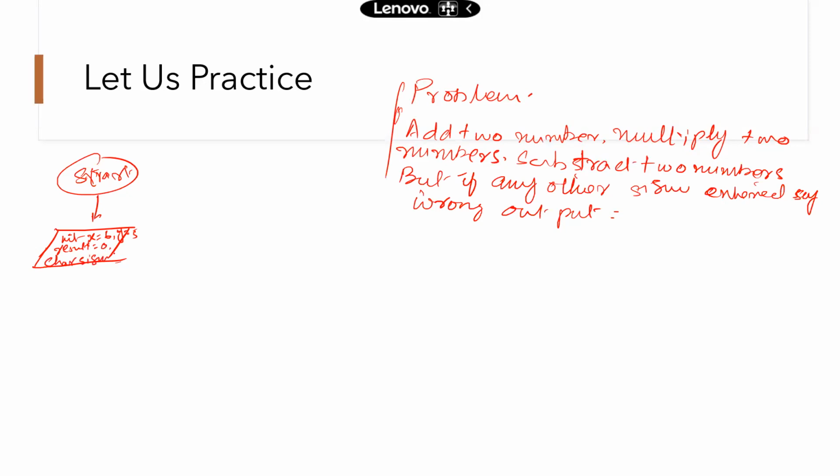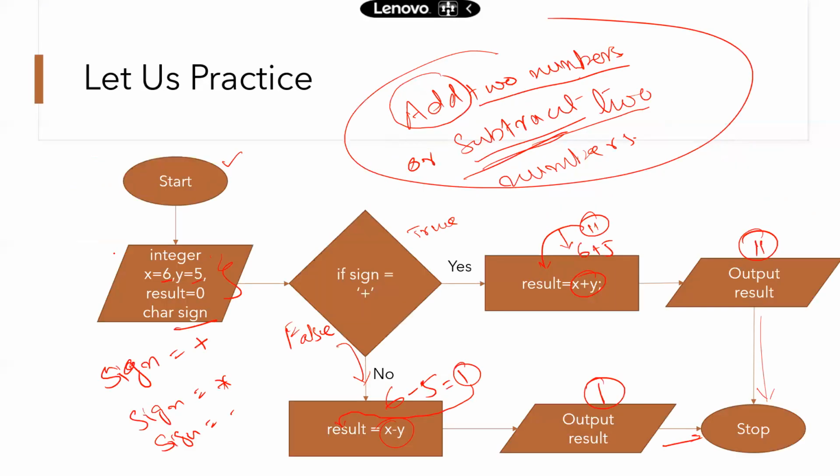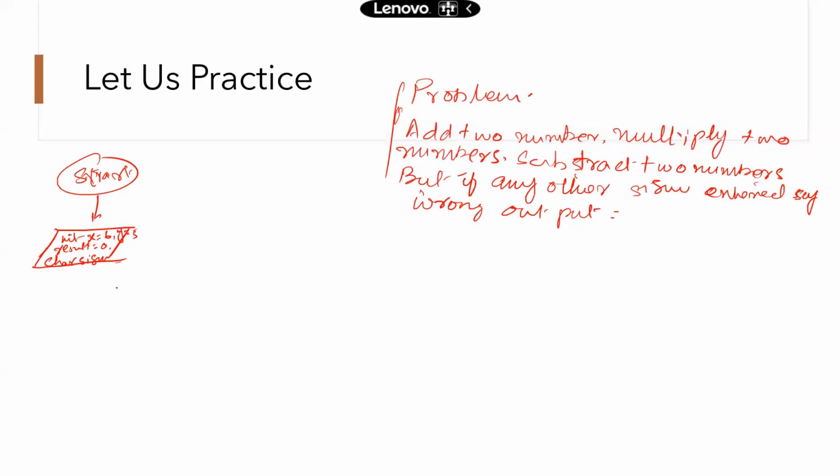Okay, so this is exactly what it is like over here. Then we're going to connect it to a decision box. All right, and we are going to see if this sign s that we had taken as an input equals a plus sign.